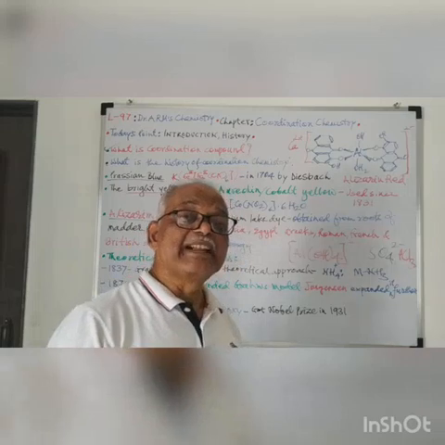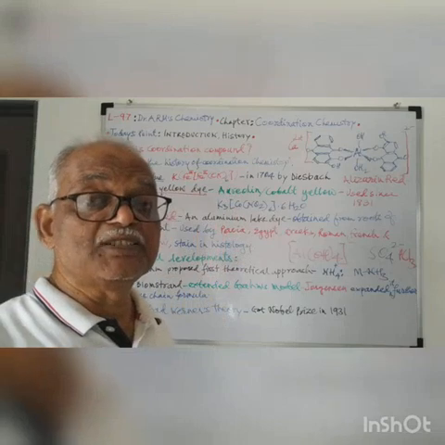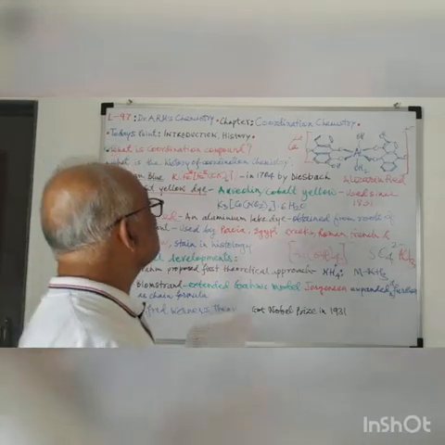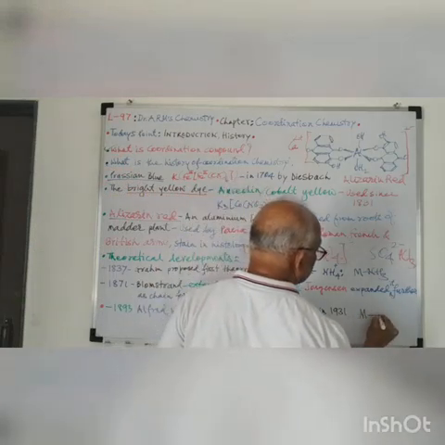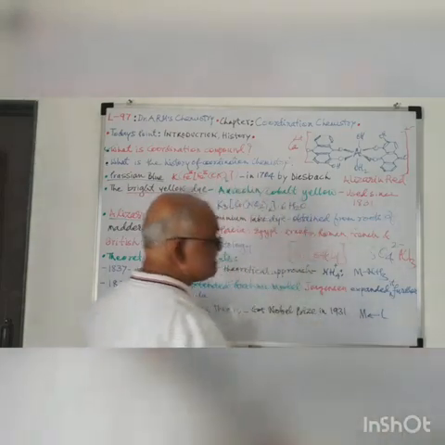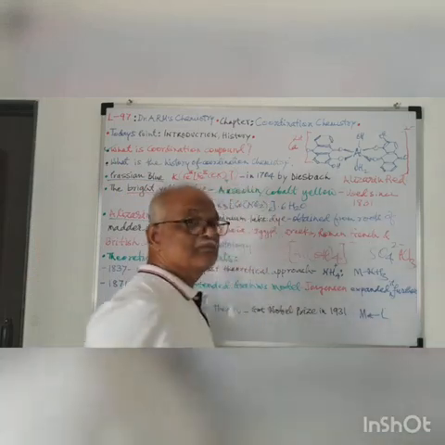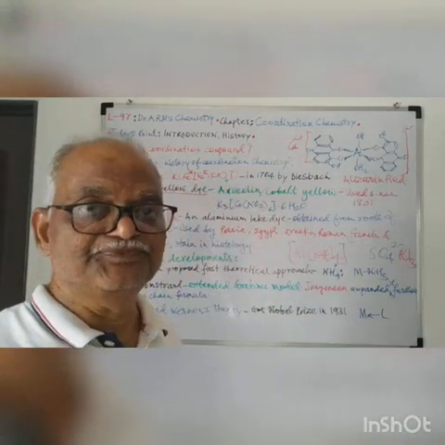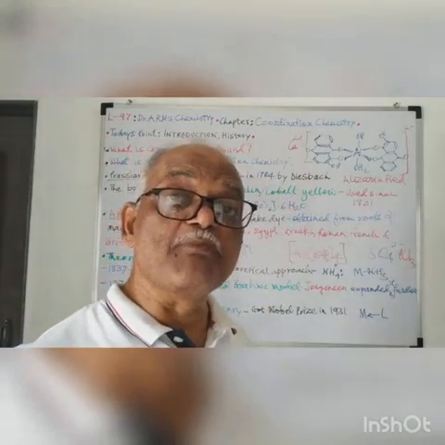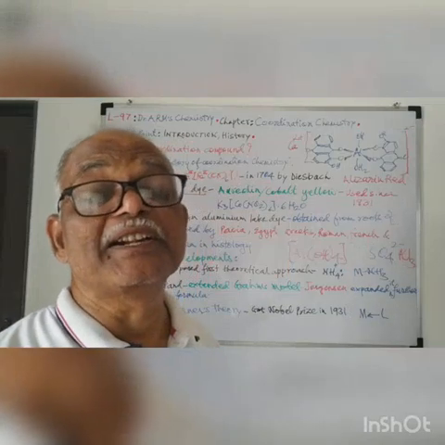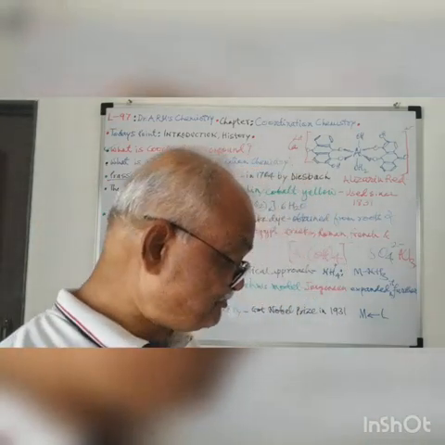So the metal ligand bond pair is contributed by ligand and that is why it is a dative bond. Means it has directional characters, like this: metal ligand bond. The electron pair of ligand is pushed towards metal ion. So it is called a dative bond or coordinate bond, and this is also covalent in nature. So it is called coordinate covalent bond.